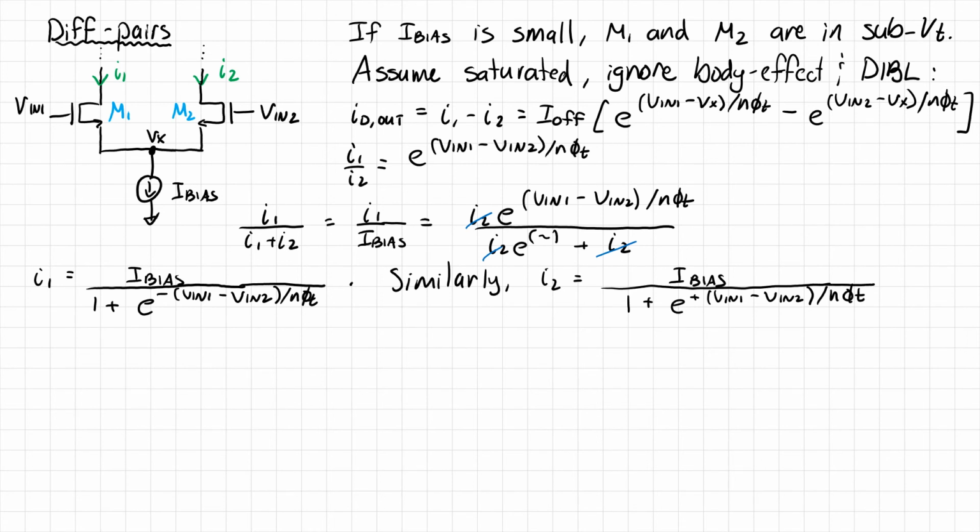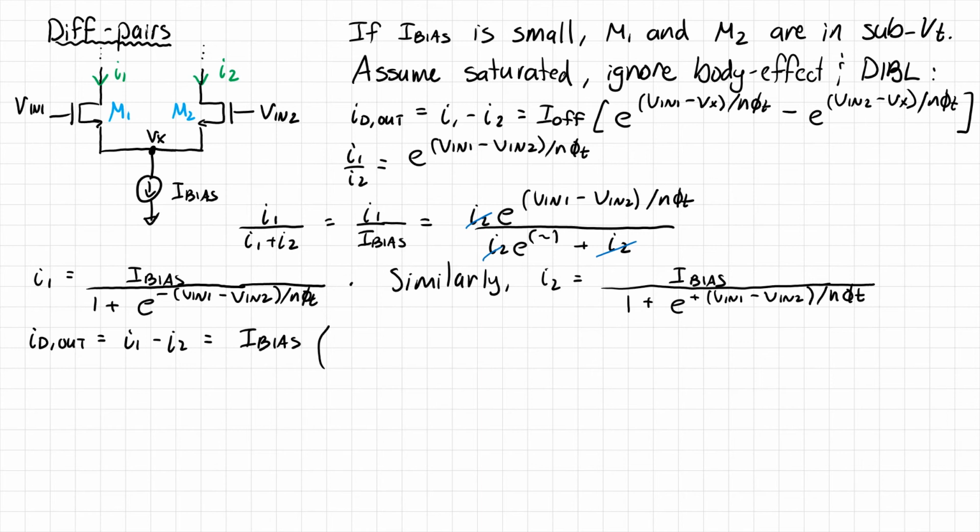Okay, so maybe some of you may know where I'm going with this, but if you don't, bear with me. We now have an expression for I1 and I2 in terms of I bias and the differential input voltage. So let's go ahead and figure out what the output differential current, ID out, should look like. Again, this is just I1 minus I2. I bias factors out, and we get the following expression.